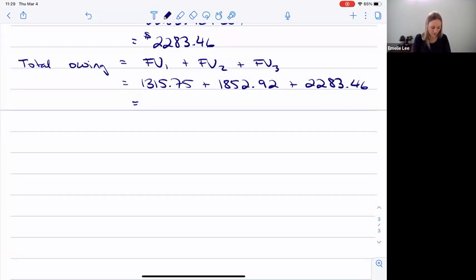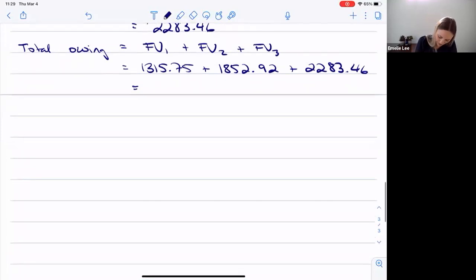So now I'm just going to add these up, 1350.75 plus 1852.92 plus 2283.46. I'm just going to make sure here, I get total owing of $5,452.13.